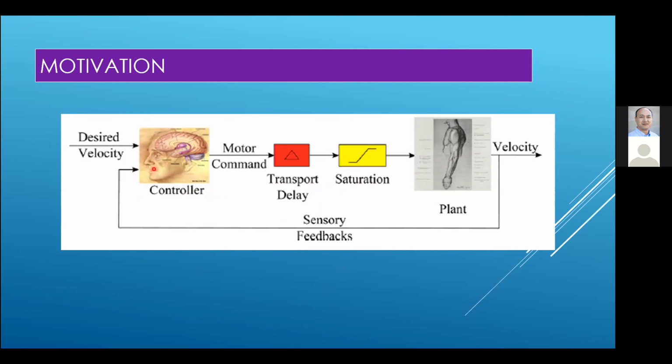So as you can see here, the body has a prescribed velocity, but thanks to the transport delay and the added saturation, it causes tremor within the patient's body. So that's the main motivation why I wanted to focus on this area of linear time invariant systems.